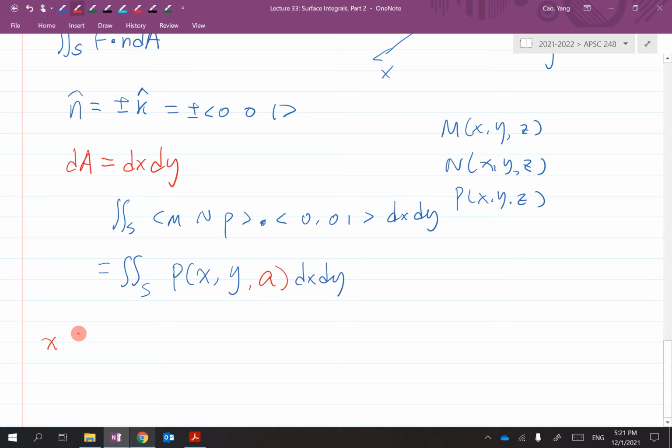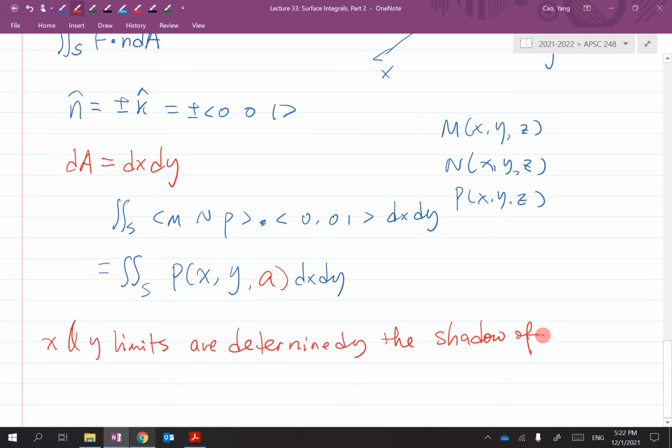The x and y limits are determined by the shadow of S in the xy plane.